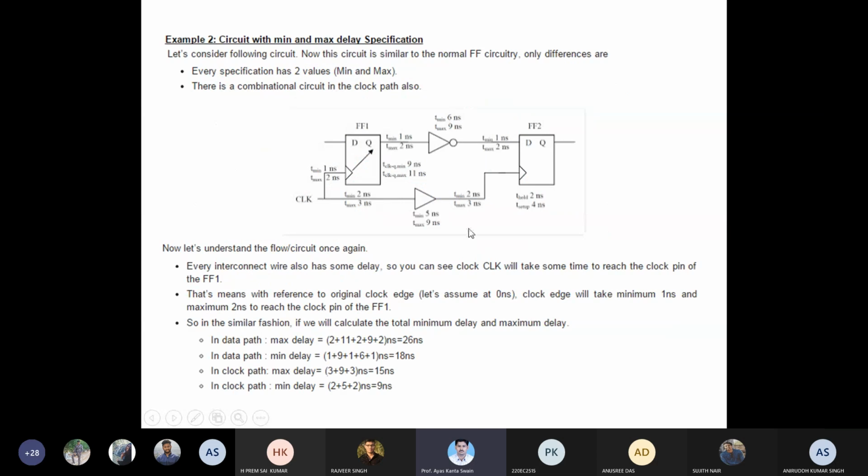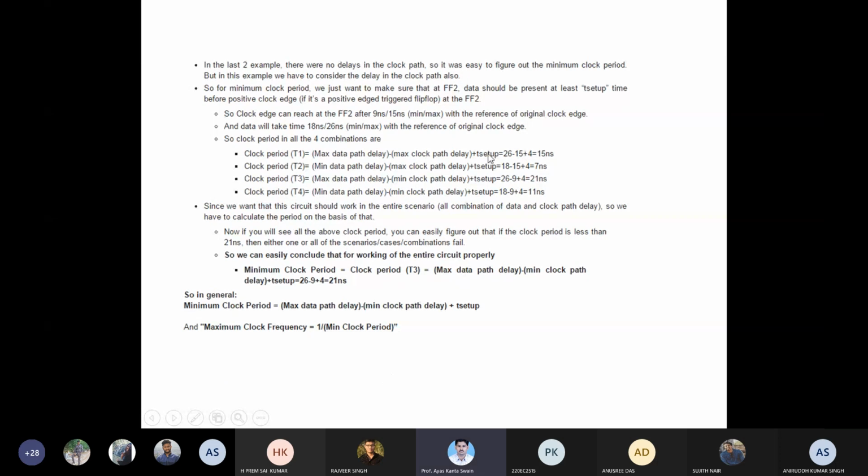So the maximum data path delay is 26, and the maximum clock path delay is 15. He is subtracting 26 minus 15 plus 4, and in this notation T minimum 1 is 15 nanosecond.